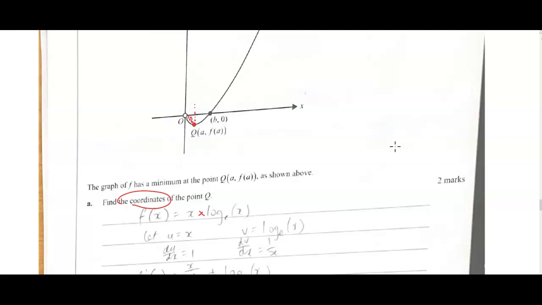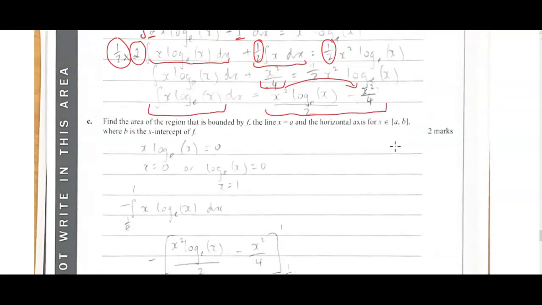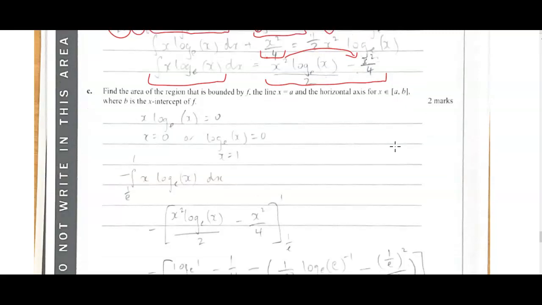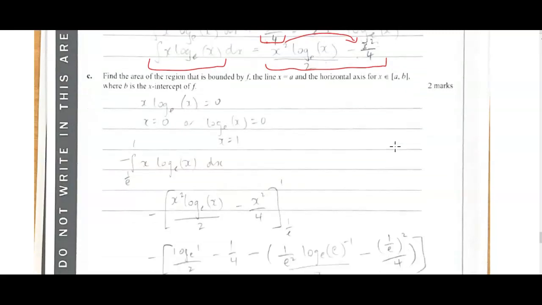Oh my gosh, I can't even remember. Did I go too far? Line x, yep. Horizontal line F, line x equals a, and the horizontal axis. All right, so we've got to think about what our lower limit and our upper limit are.